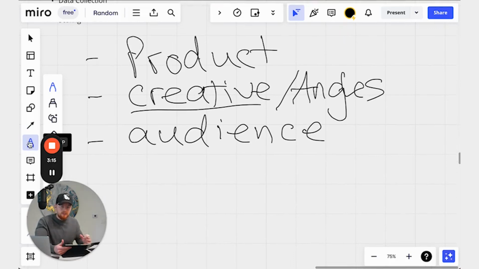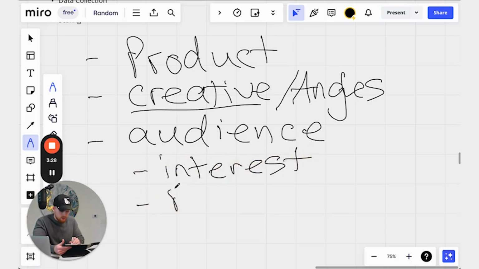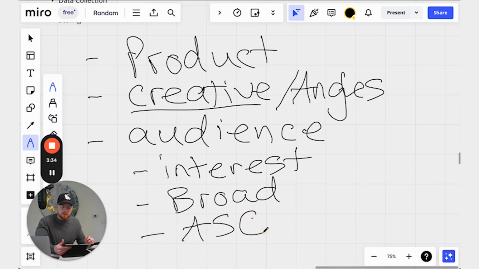You might test Advantage+ Shopping campaigns. There are a couple different audiences that you can be testing, but to pinpoint it, the ones we want to be focusing on when initially starting are interests, broad targeting, which is no interests, and Advantage+ Shopping campaigns, which is basically broad on steroids.